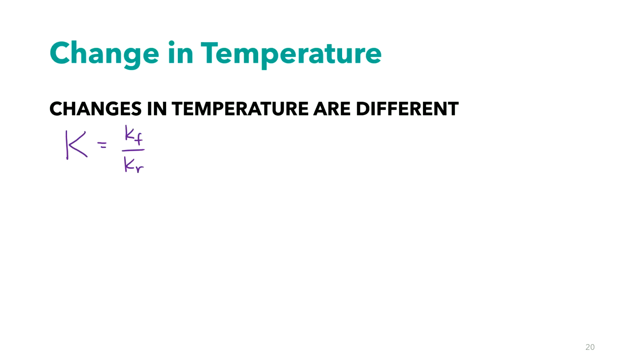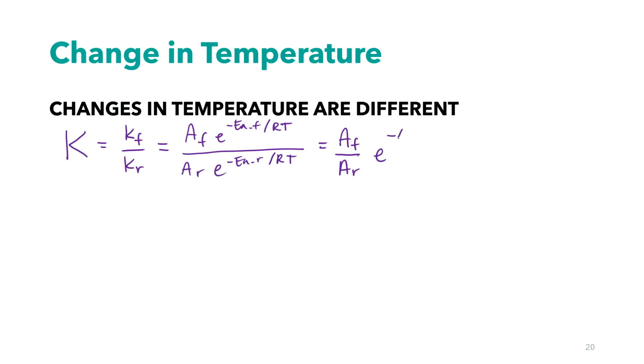Constant divided by the reverse rate. E times negative delta E divided by RT.